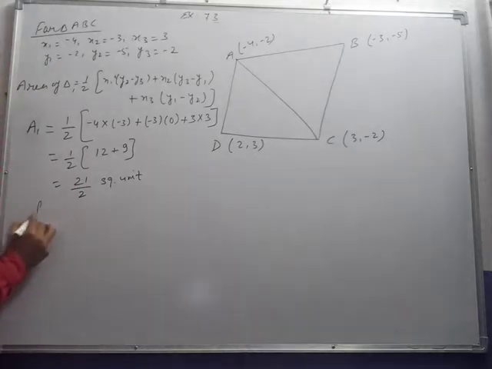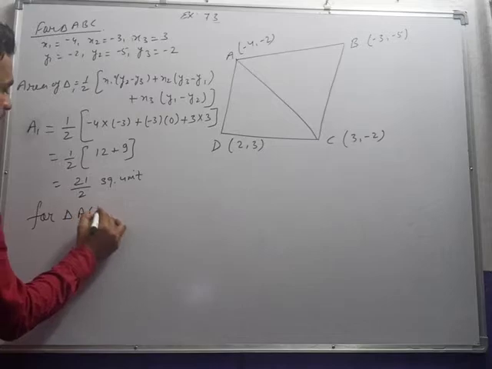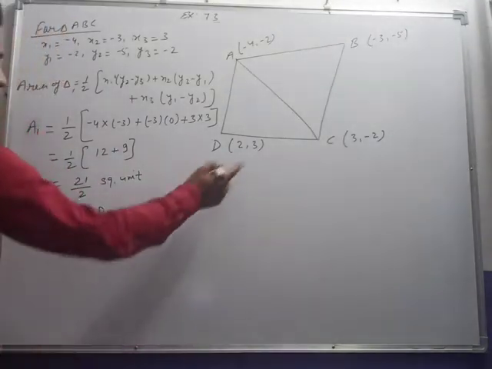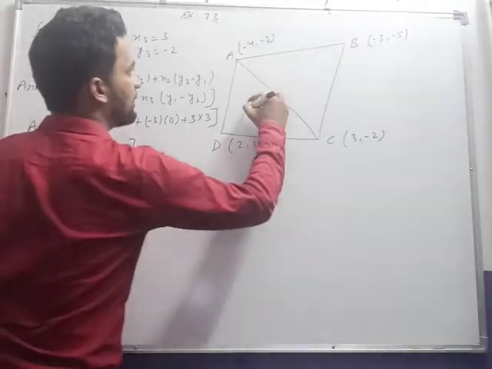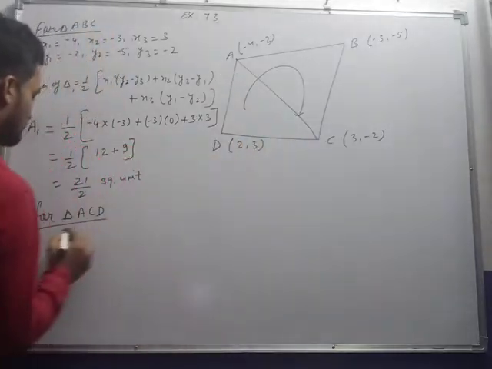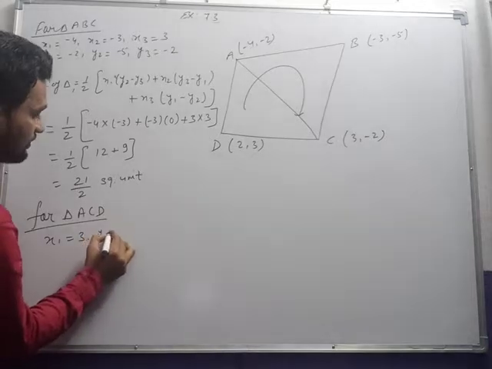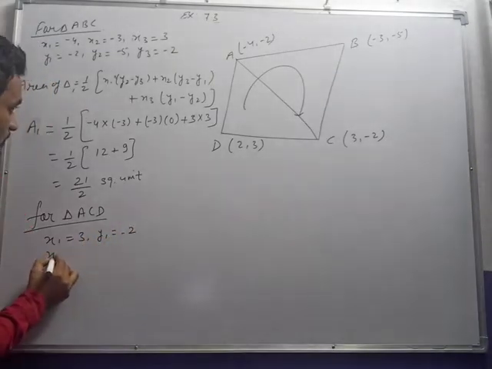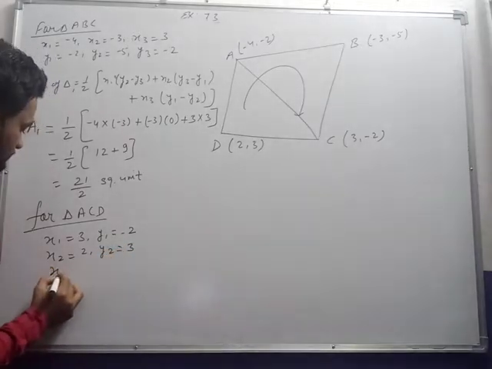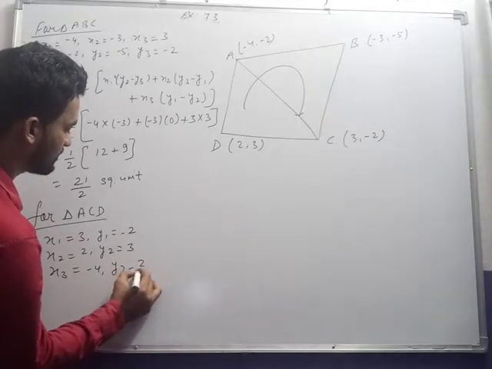Now for triangle ACD. Suppose we go anti-clockwise, so we take it as CDA. So x1 is equal to 3 and y1 equal to minus 2, x2 equal to 2 and y2 equal to 3, x3 equal to minus 4 and y3 equal to minus 2.